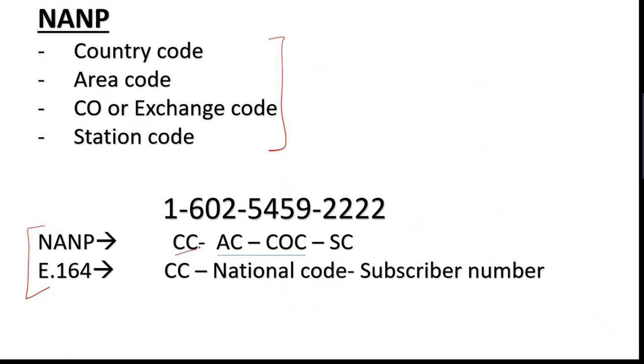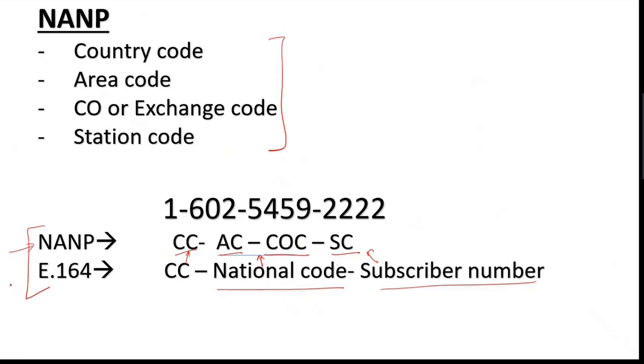Whereas in the E.164 standard, it is country code, same. National code is just a combination of area code and central office or exchange code, and subscriber number is the same as the station code in NANP. So just the terms are different, but it is one and the same thing.